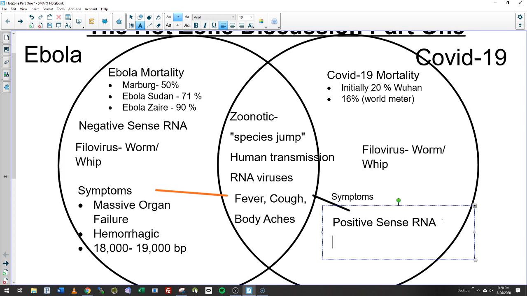I'm looking for COVID's number of base pairs. As soon as I have that, I'm ready to move on. Number of base pairs. I don't see that on my chat bar yet. I think when I looked this up, it was 23,000 base pairs, but it might be 32. I might be having a little bit of a dyslexic moment.